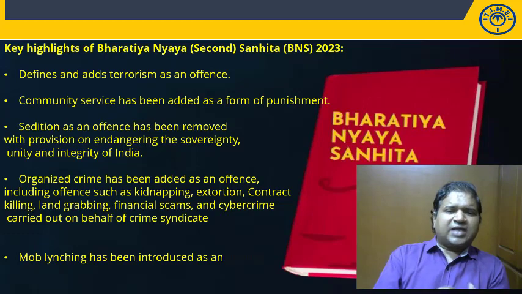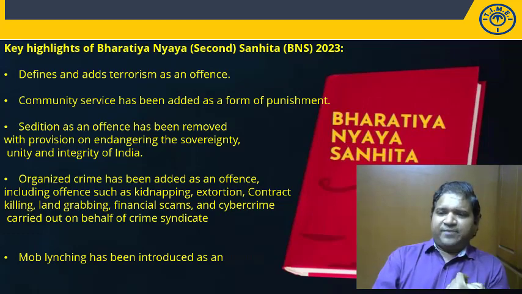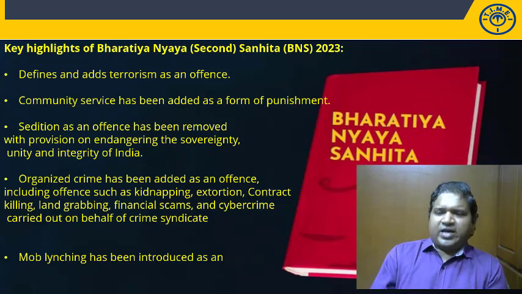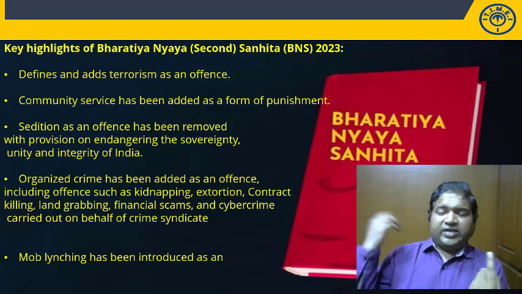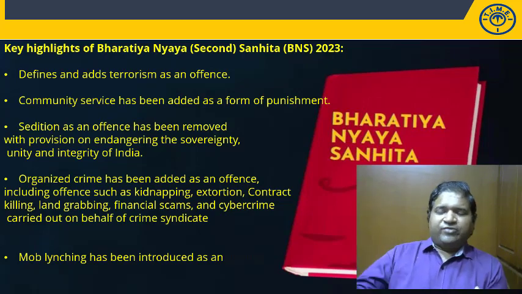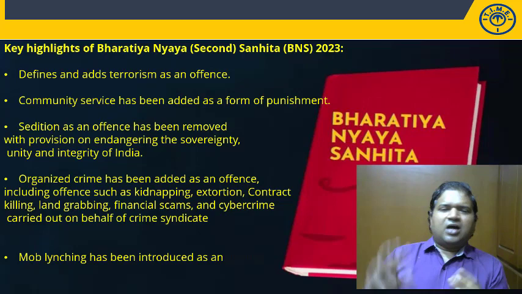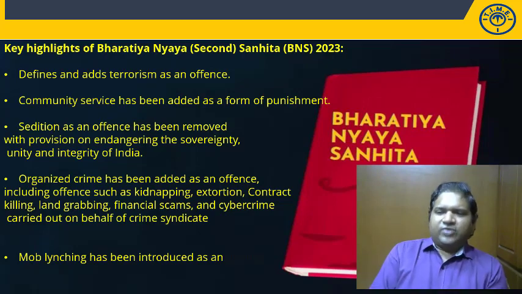One more important aspect is that community service has been added as a form of punishment. You see, when someone is guilty of an offense, he has to pay a fine, or go to jail, that is imprisonment, or in cases of very serious offenses, even life imprisonment and the death penalty. Now there is one more aspect, community service.